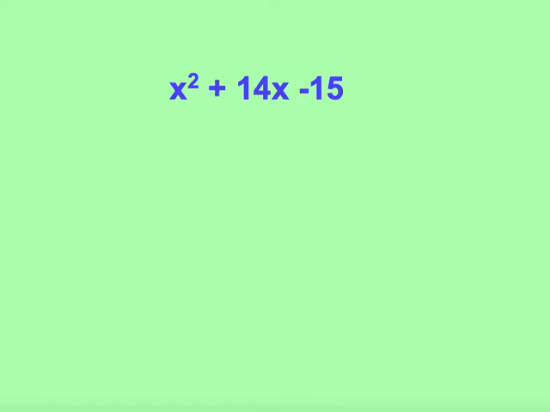Again, the first thing I'm going to do is look for my GCF, which with all three terms, my GCF is still only 1. This time, my last sign is a minus. That means that my two signs have to be different, and that also means that I'm going to have to subtract my two factors to get my middle term.